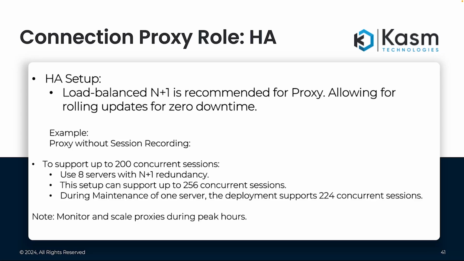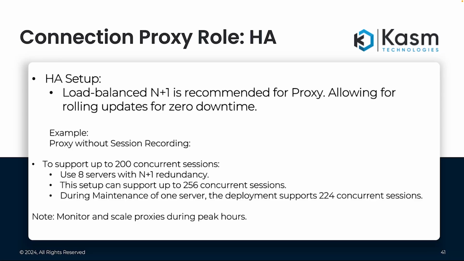One thing I will say about connection proxies in general is that 8 servers for 200 sessions is going to be very dependent on the type of RDP client that's coming through. guacd is very efficient, right? There's not a lot of overhead to it, so we can actually get much better performance. Rather than 32, we could probably get upwards of 50 concurrent sessions going through there. But if we're using a thick client, depending on the thick client in question, resources can be consumed.